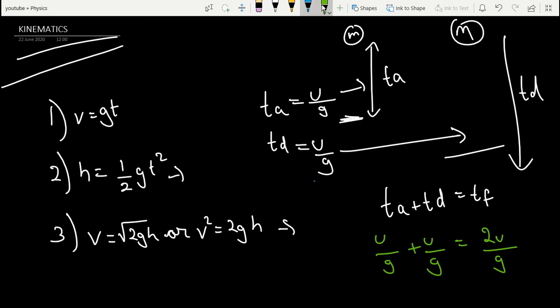So we got three formulas. Time of ascent is equal to u by g. Time of descent is also equal to u by g. And time of flight is equal to 2u by g.